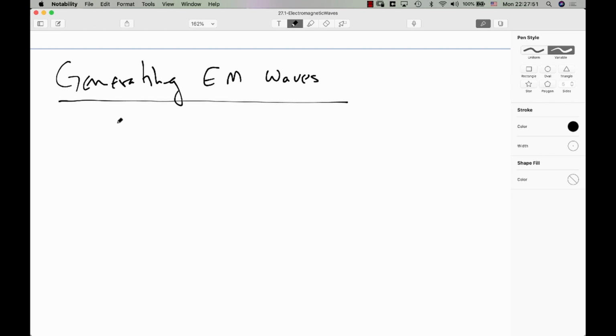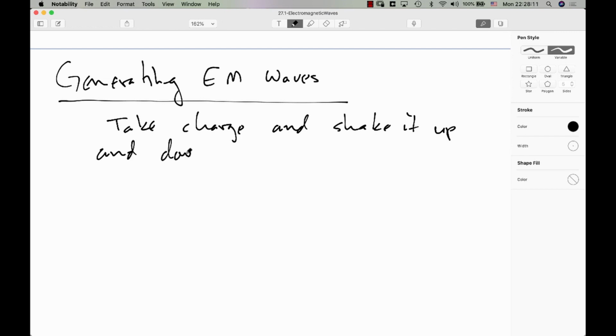But if there's one take home, the way you make any electromagnetic wave is you take a pile of charge and you shake it up and down. So that's how you make any electromagnetic wave at any wavelength.